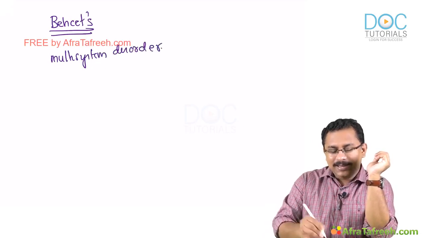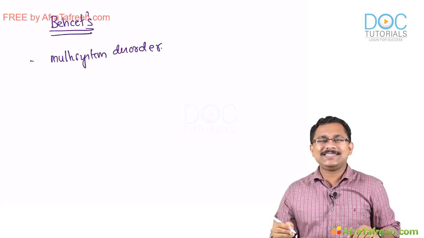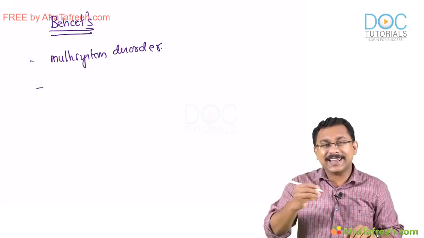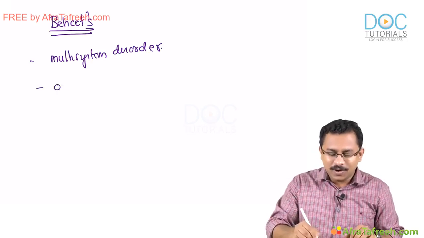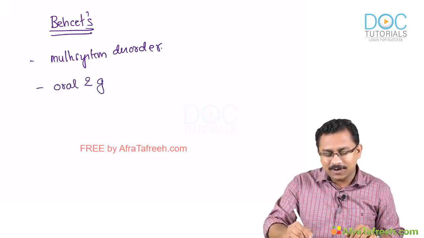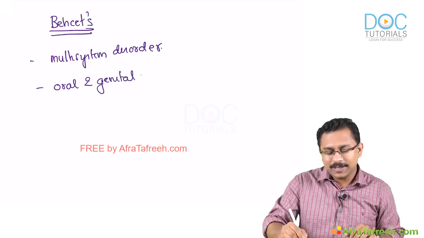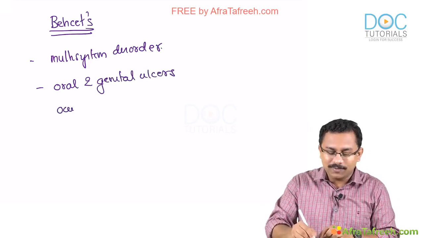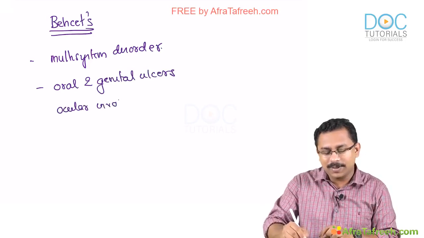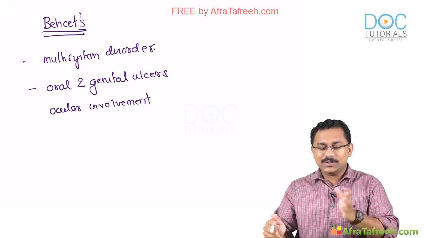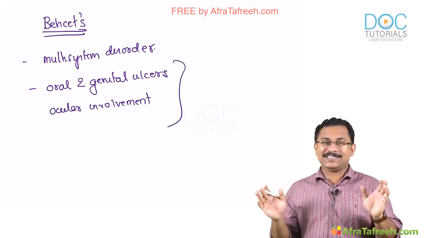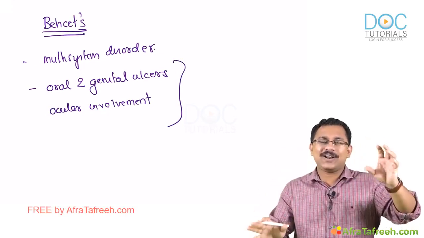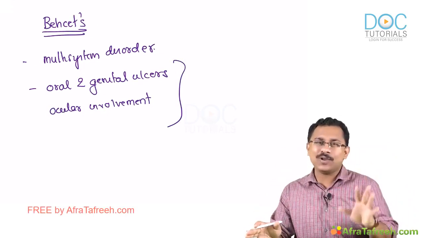This vasculitis is now grouped under the variable vessel vasculitis, and it is characterized by oral and genital ulcers. Also, you will have ocular involvement. So these are the cardinal manifestations. You have other manifestations as well, but predominantly you have oral ulcers, genital ulcers and ocular involvement.